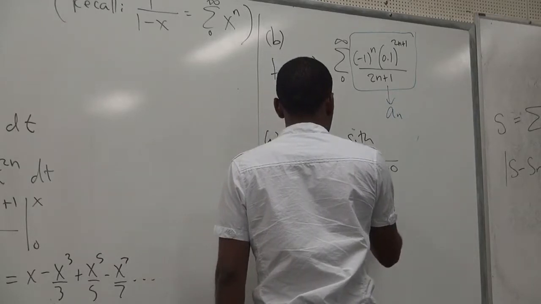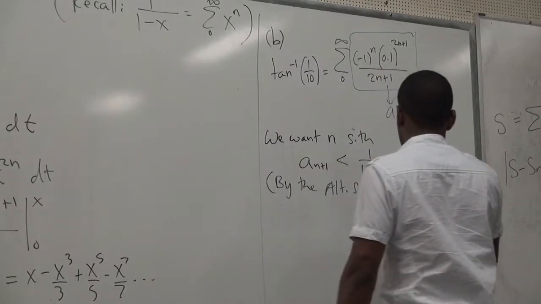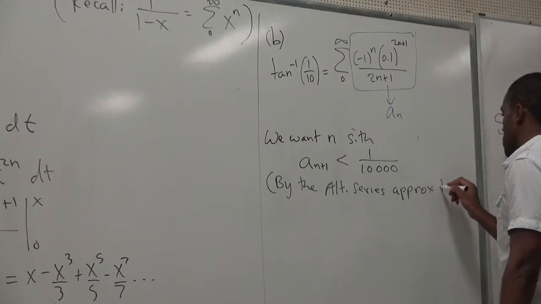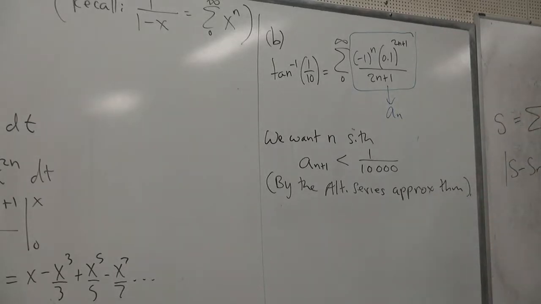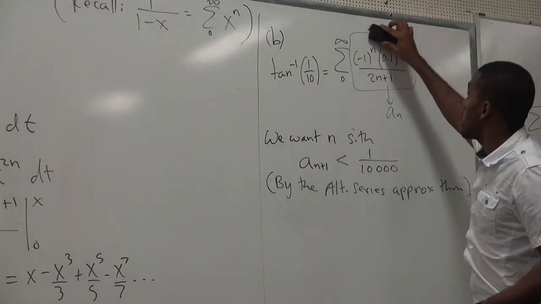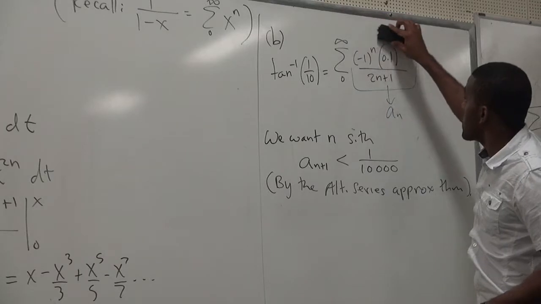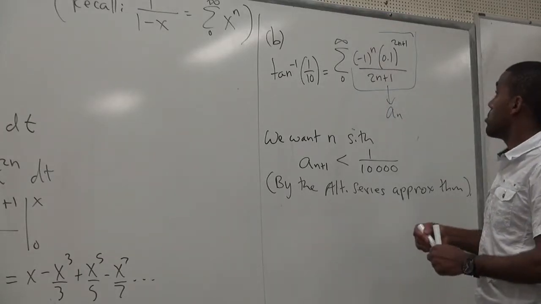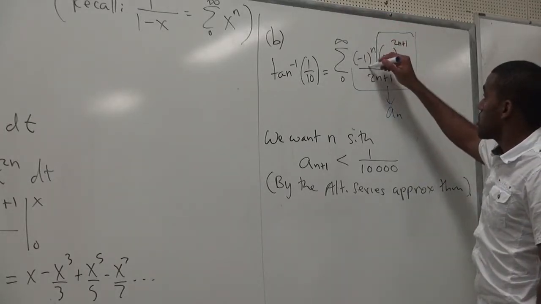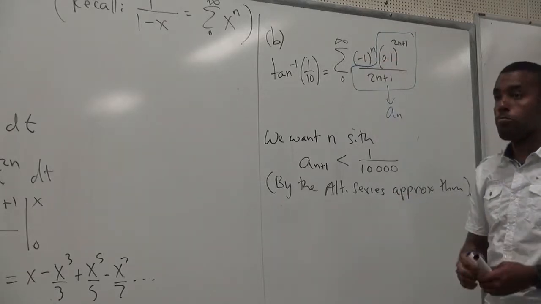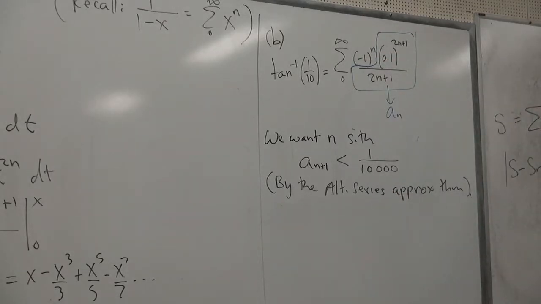But isn't the negative one to the n part not part of the a_n? That's correct. We don't carry it. So I just need the n plus first term to be less than the restriction I'm given, and I know that from the alternating series approximation.